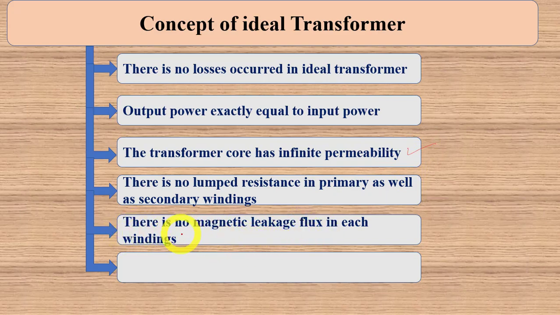Total magnetic flux created by the primary winding links the secondary winding, because the permeability of the core is infinite. The core loss is considered to be 0. The core is also ideal. There is no hysteresis loop and no eddy current loss provision. That's why total core loss is 0.